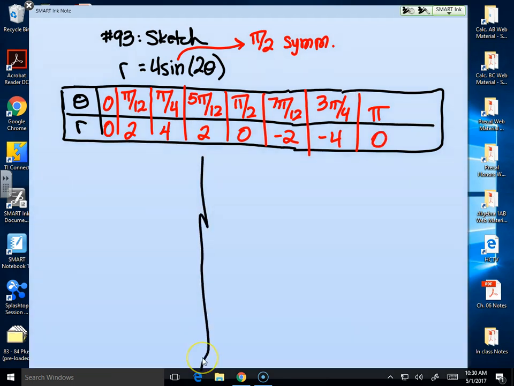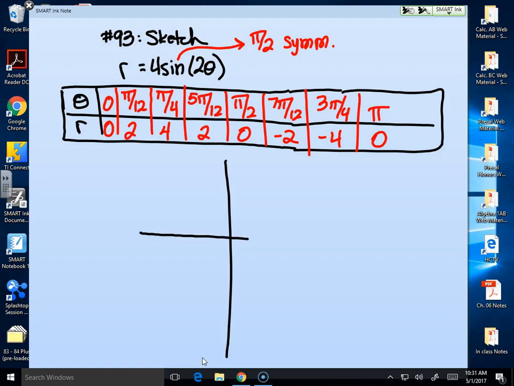So we try to put all this together. Some of you are like, how on earth do I graph a pi over 12? Well, you just take a pi over 6 and you cut it in half. So let's see. We have our pi over 4s, just for sake of reference, and we have pi over 4s up here. We have pi over 6, which would be there, and then pi over 12.